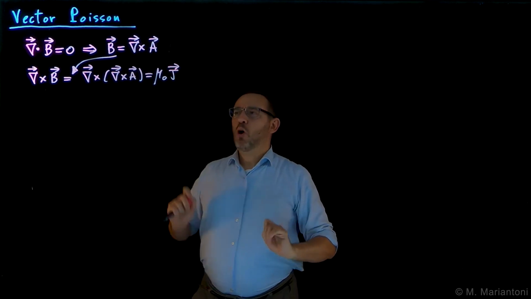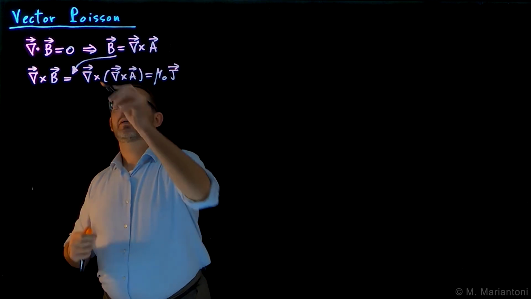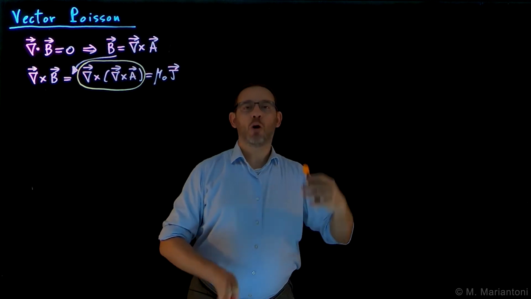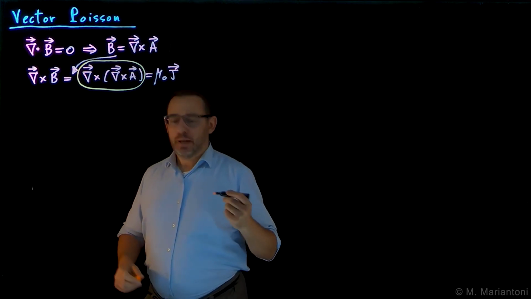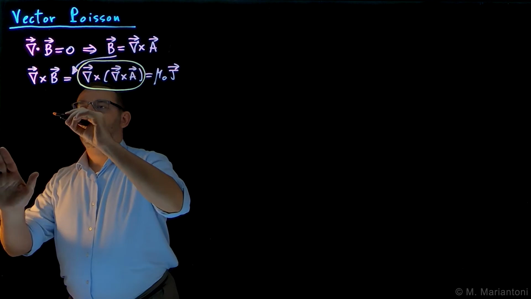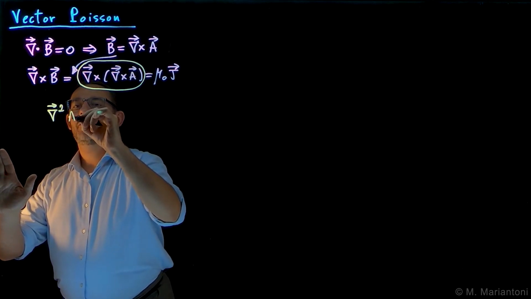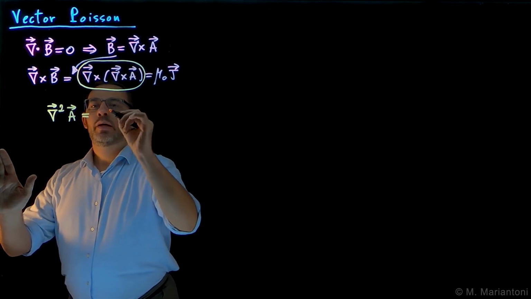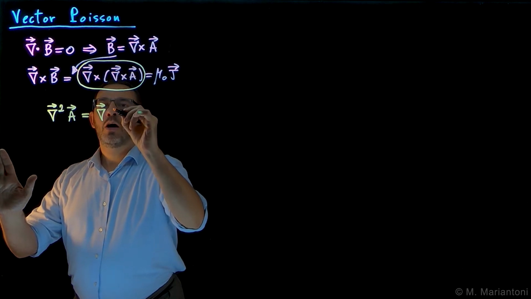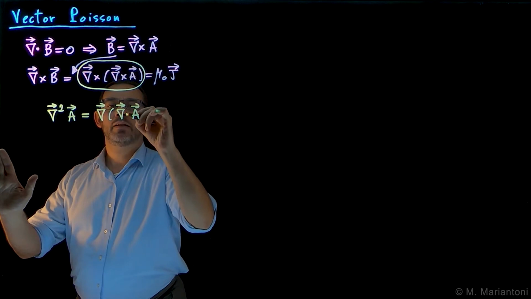So now the idea is, how do we manipulate this quantity, the curl of the curl of A? Well, first of all, we need to recall from vector calculus an important identity which tells us that the vector Laplacian of a vector field A is given by the gradient of the divergence of A. The divergence of A is a scalar.